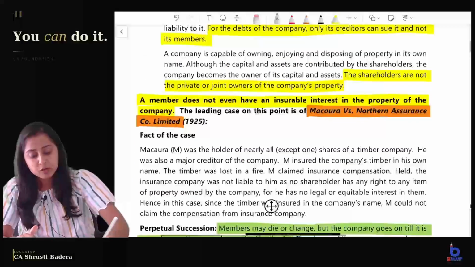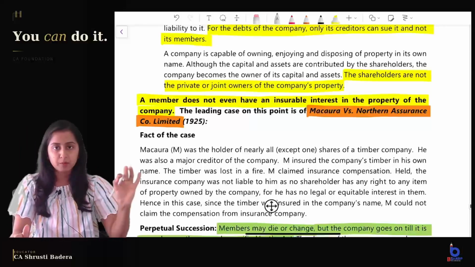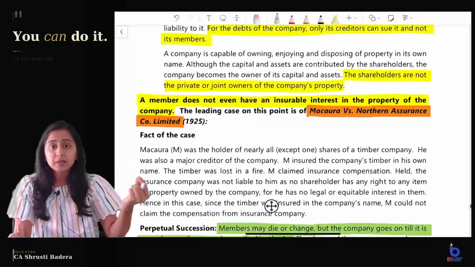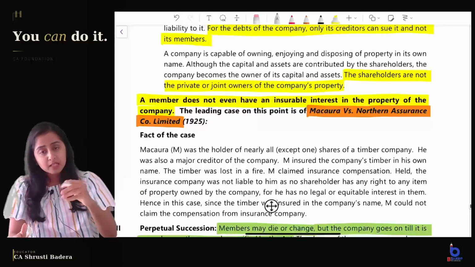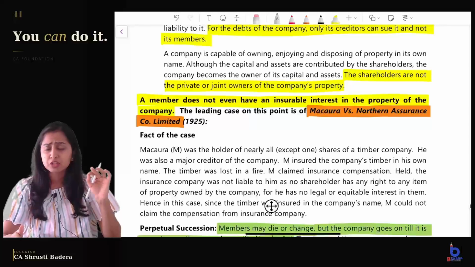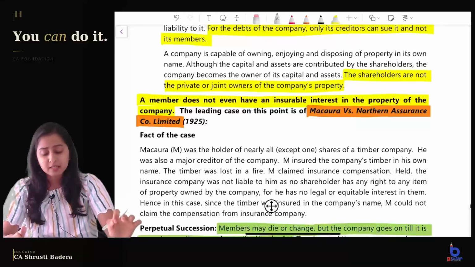Along with that, you should know that the shareholders are not the private or joint owners of the company's property. The shareholders are members of the company, but they are not co-owners or joint owners of the company's assets or property. From this point on separate legal entity, a question can be framed based on the case law of Macaura versus Northern Assurance Company Limited.